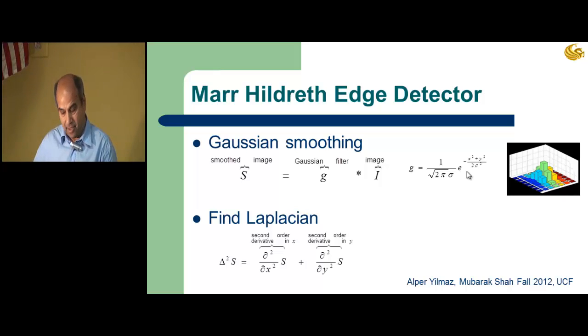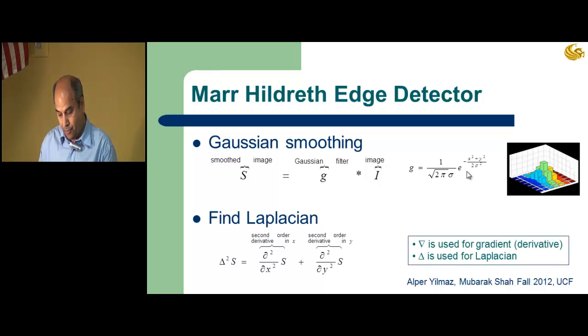That's called Laplacian of Gaussian. Just for notation, if it is like this, then it is a gradient or first derivative. If it is up like this, then it is a Laplacian. These are the conventions we will use, and everybody uses that.